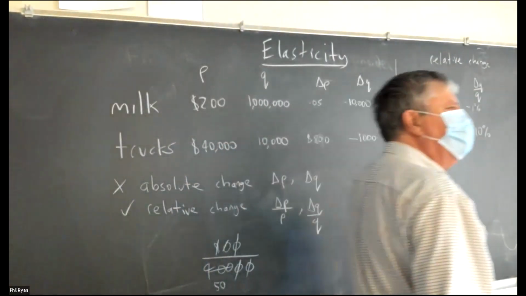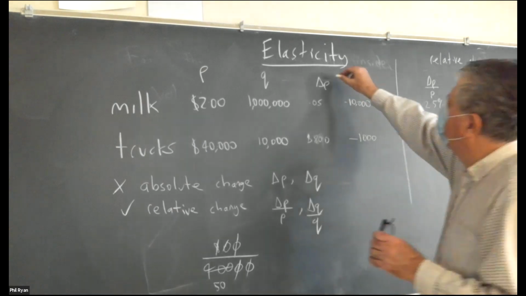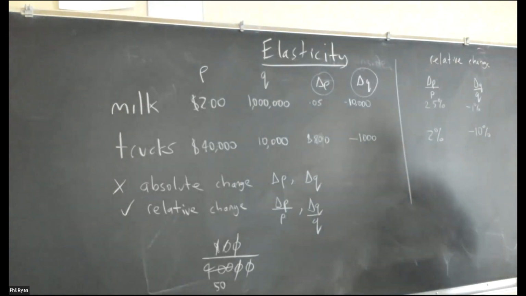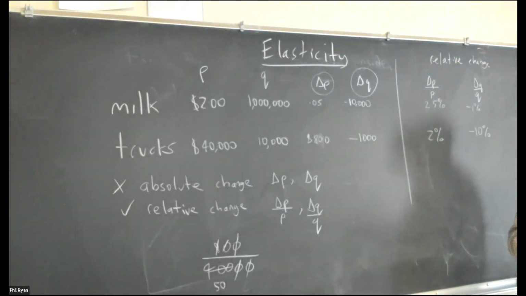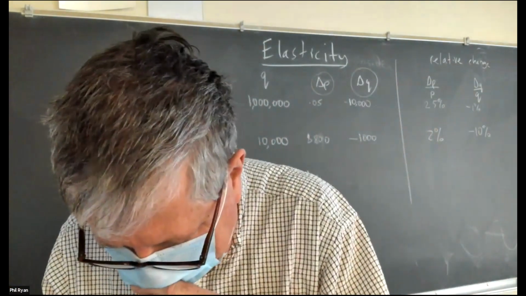So straight away we can see that this is something to do with change. So if it has something to do with change, it has something to do with derivatives. And we can kind of see derivatives in here sneaking around somewhere, right? Because we've got delta P and we've got delta Q. And so we know that's what we need to make a derivative. Okay, so let's have a look at things.